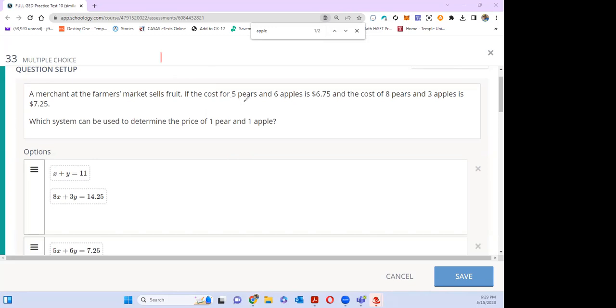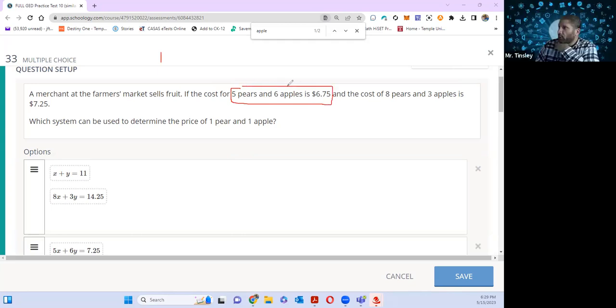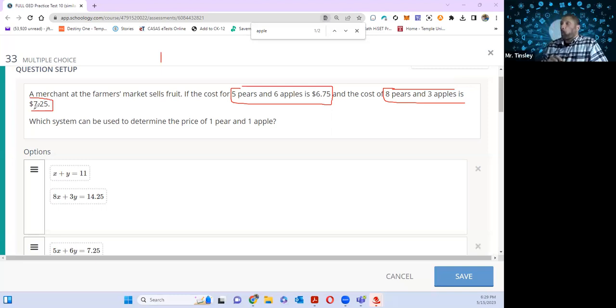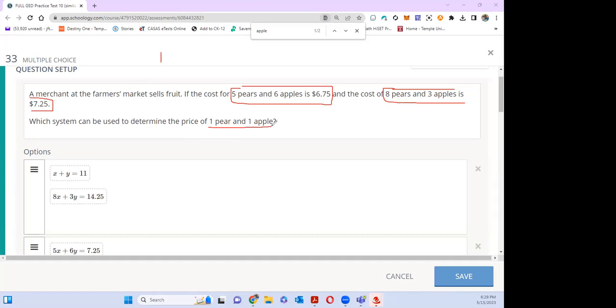The cost of 5 pears and 6 apples is $6.75. What else do we know? The cost of 8 pears and 3 apples is $7.25. And what do they want to know? They want to know the price of 1 pear and 1 apple.